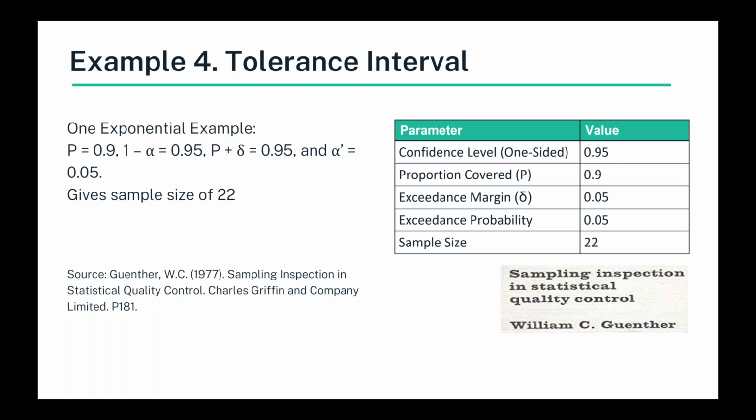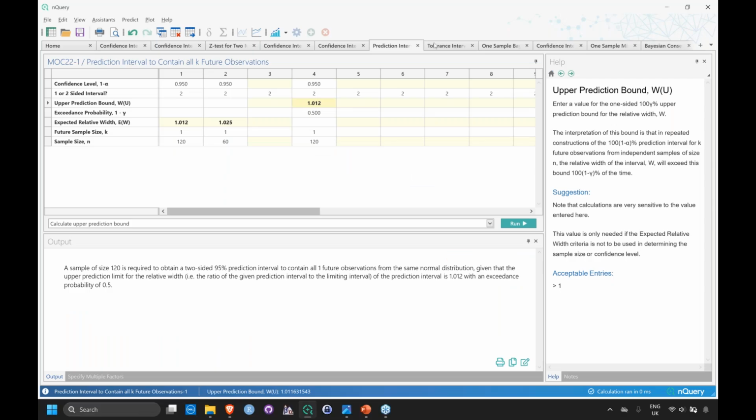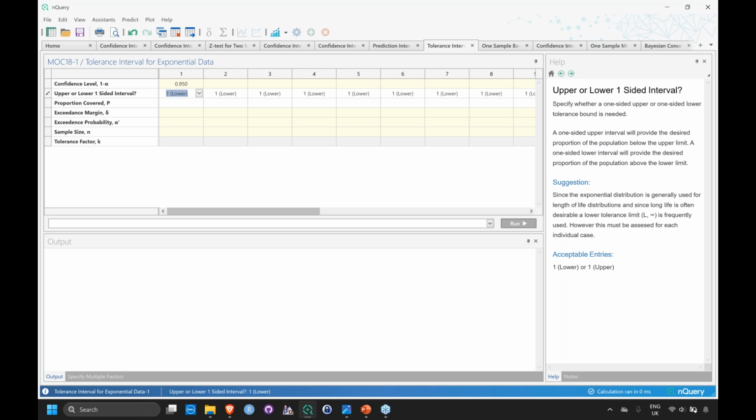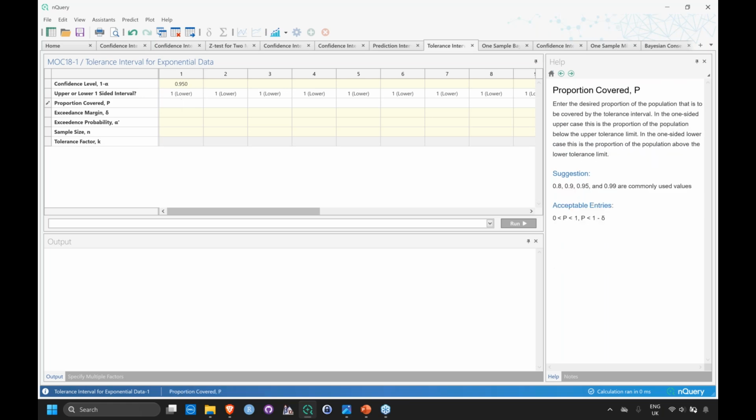So I'll show you that table in nQuery. This is the tolerance interval for exponential, and again, you can see it's quite straightforward to complete. Confidence level of 0.95. We want 90% of the population, or a proportion of 0.9, covered within this interval.